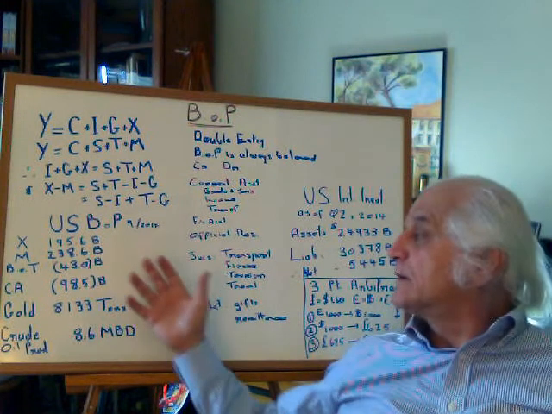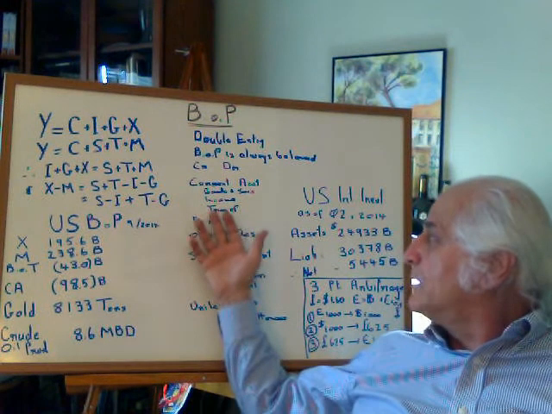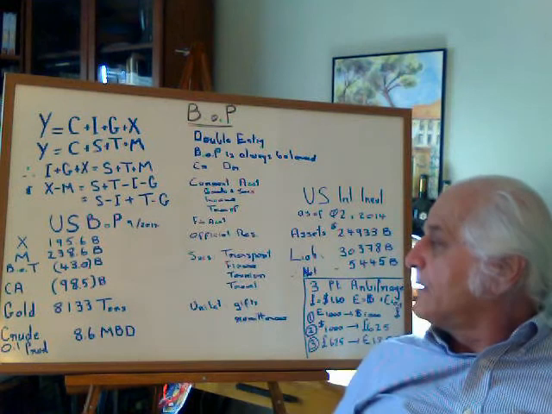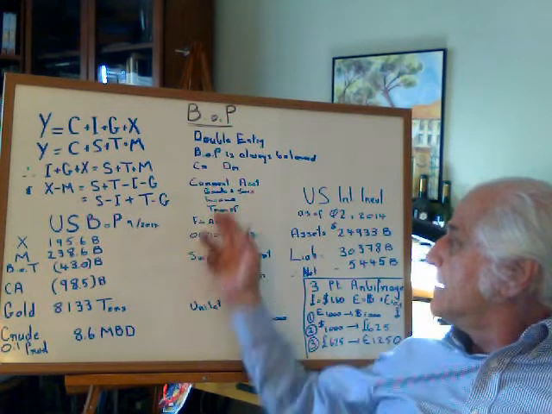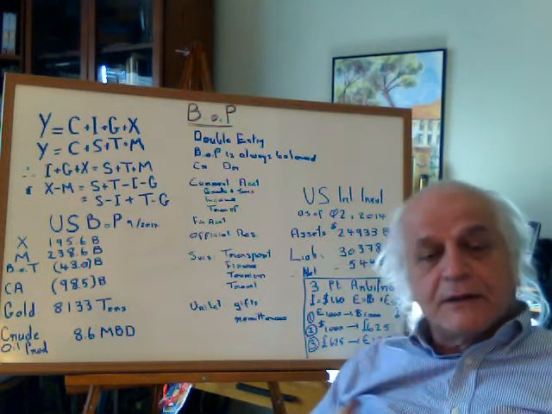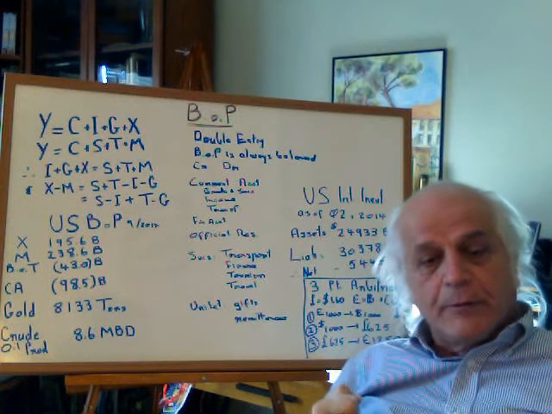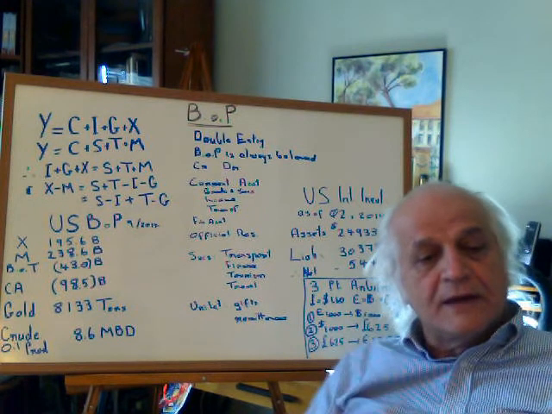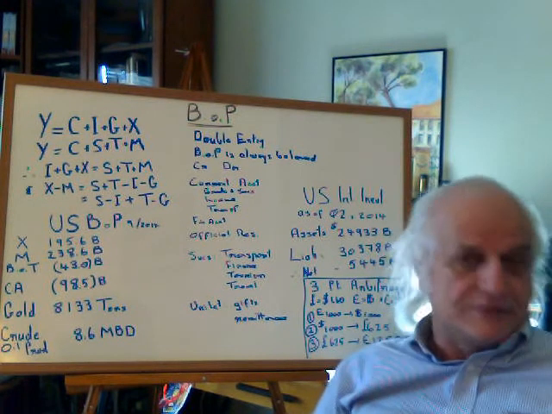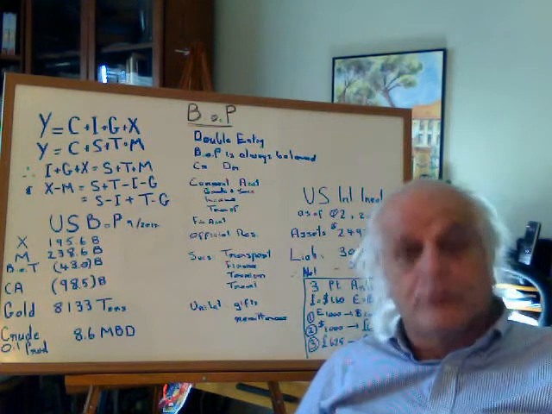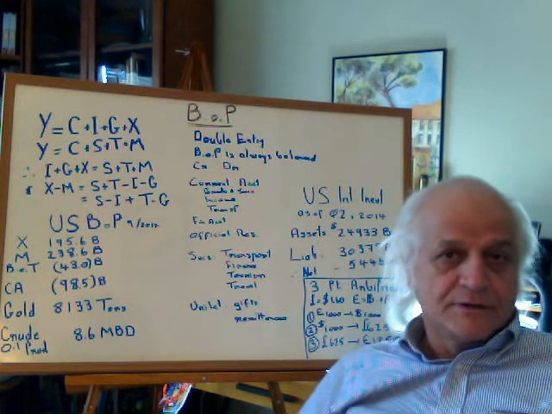Obviously, when it comes to income, we find out that income is generated by assets held by the United States overseas, and by Americans, by the way, who are also working overseas.